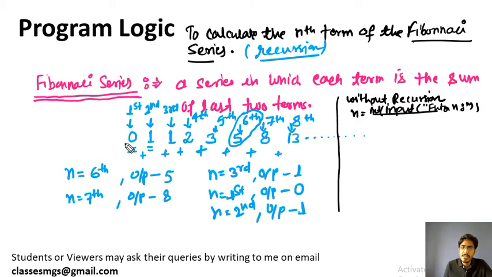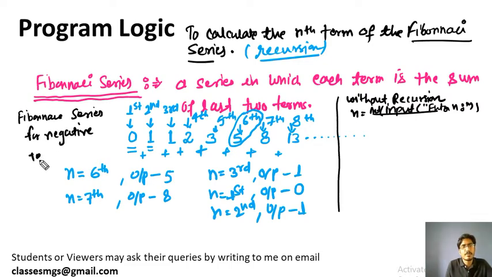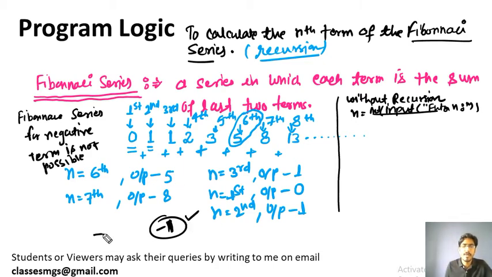If the n value is less than 0, then the Fibonacci series for a negative term is not possible. What I am trying to say is, if the user enters -3 or -1, then you will give an error. The Fibonacci series is not possible for a negative term. If -3 is entered, then it is not possible. The n value should be positive, either 0 or any positive number.